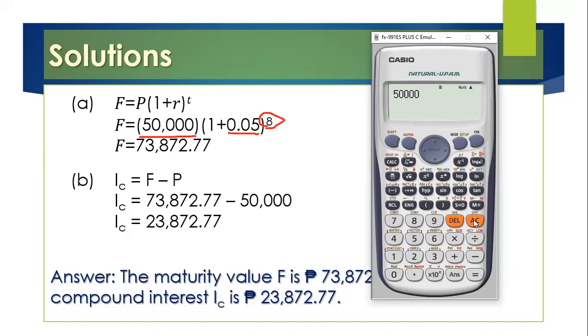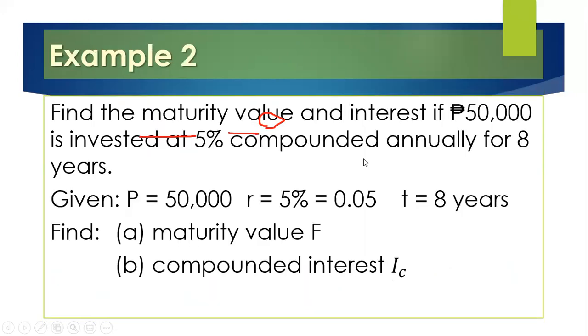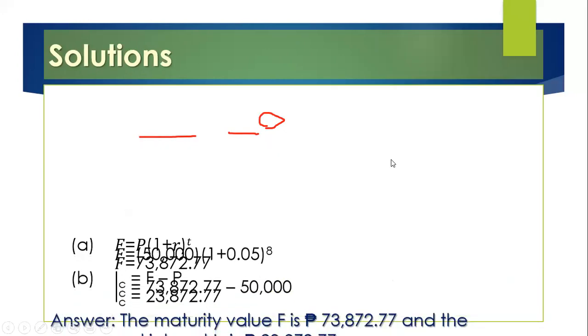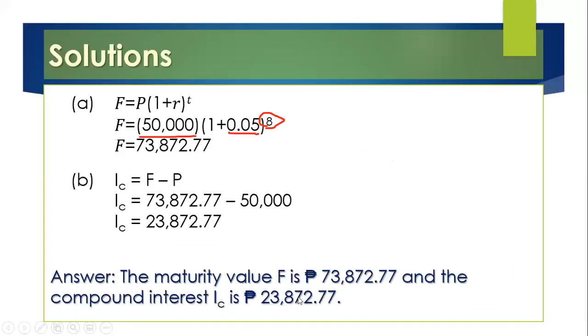Let's compute using our calculator. So 50,000 pesos times (1 plus 0.05) raised to 8. So ito po yung future value or total na kikitain ng ating pera.